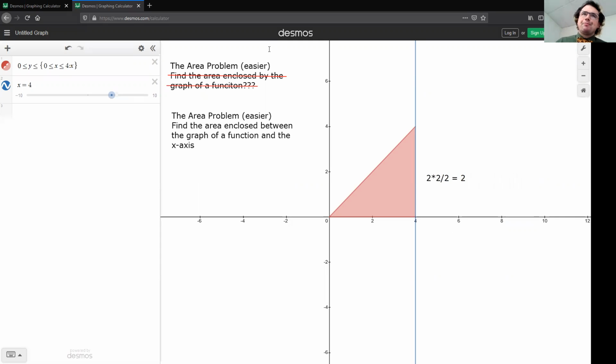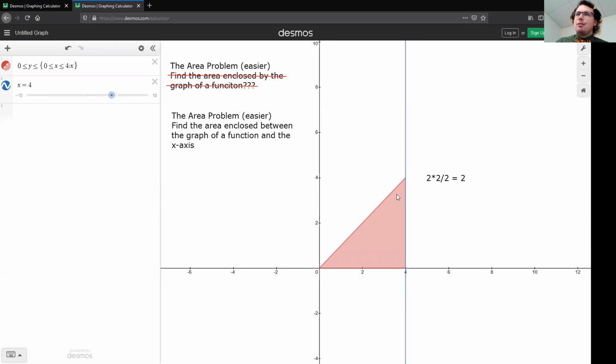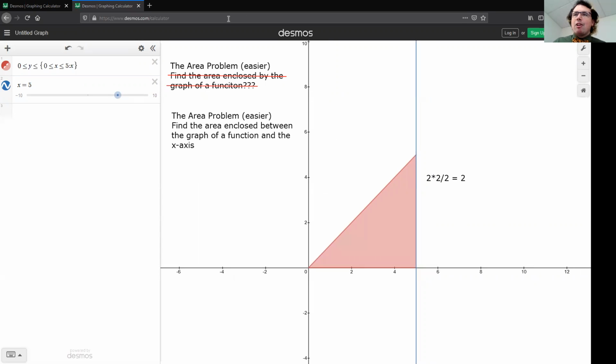Okay, cool. Well, if I had a different stopping coordinate, right? If I didn't stop at 4, if I stopped at 5, I'd have a bigger triangle, and it's not too hard to figure out what the area would be then. My base and my height would both be 5.